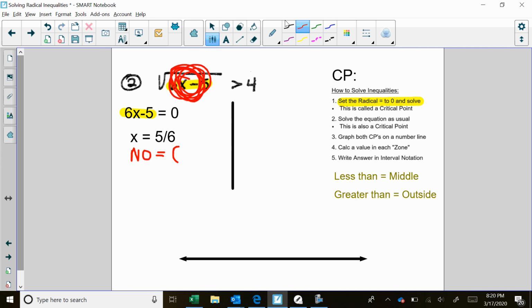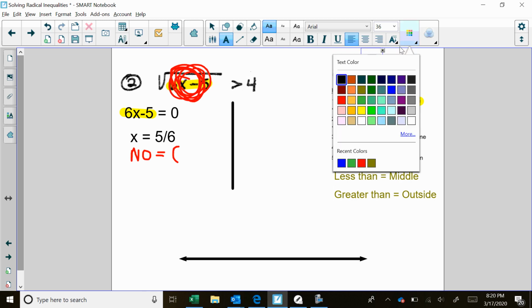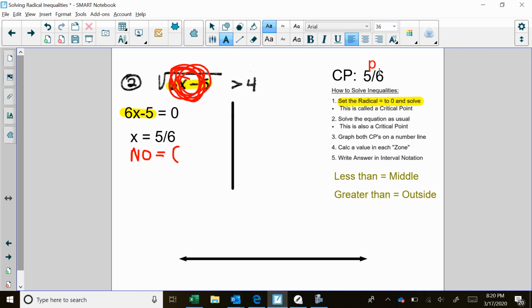So I'm going to come up here and write down 5 over 6, and above it put a P for parentheses. I'm putting it in several places so that you can see over and over again what I'm doing.